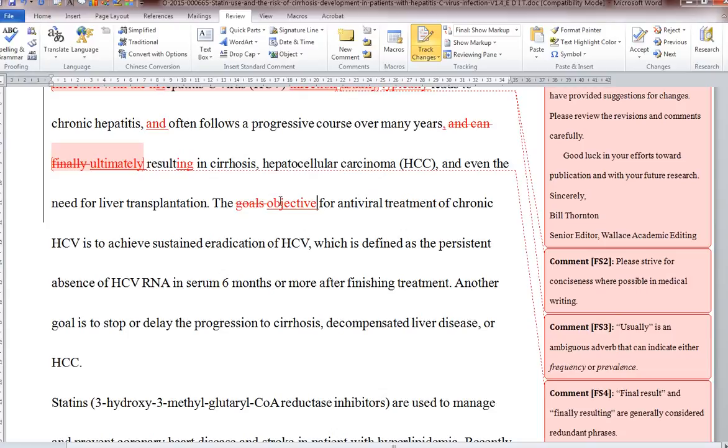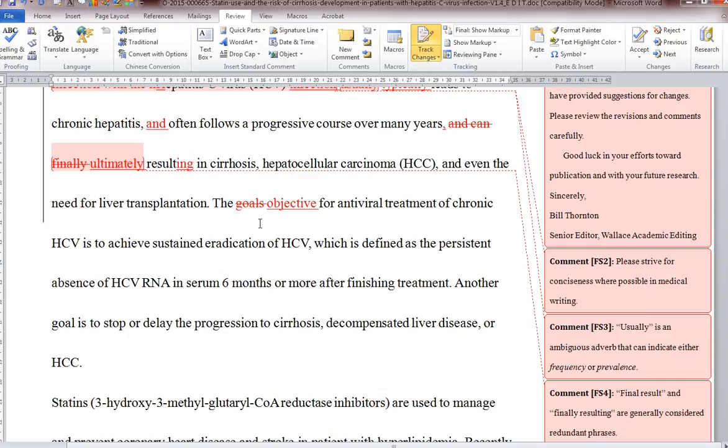Okay, so I have here, I've got the objective for and is, they agree. Okay, and then just to double check, we've got to achieve sustained eradication of HCV. Okay, this is 1, 1, 1. It's critical in editing to make sure everything matches, everything fits. Okay, the objective. Now, goal, there's a good chance the author used that again.